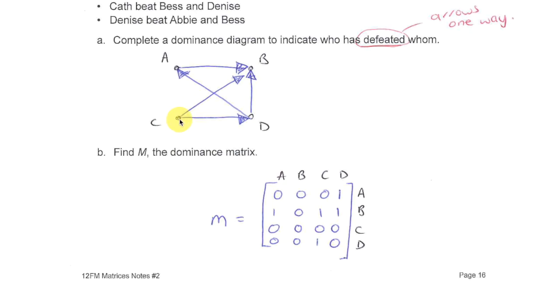However, if we look at indirect dominance, what we can work out is that player C has beaten player D, and player D has beaten player A. So we can assume that C is better than A, and the reason for it is this indirect dominance. If C is better than D and D is better than A, then it makes sense that C would be better than A as well.